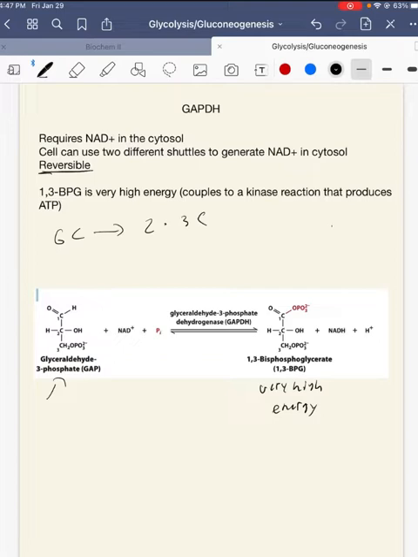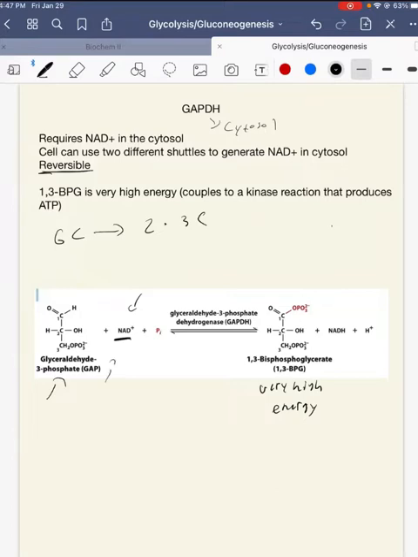This enzyme also uses NAD, and we mentioned that glycolysis is in the cytosol. So GAPDH is an enzyme in the cytosol. In order for glycolysis to run forward, we need different ways to make NAD plus in the cytosol.